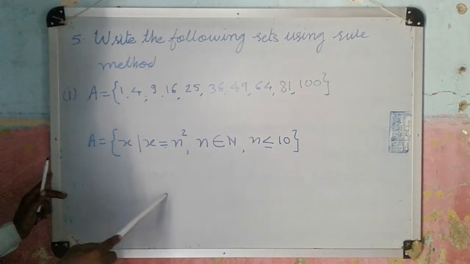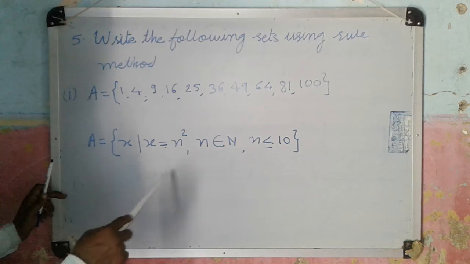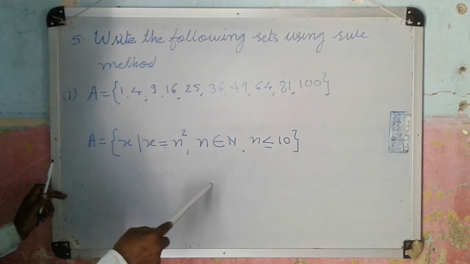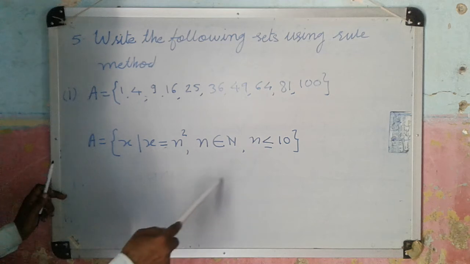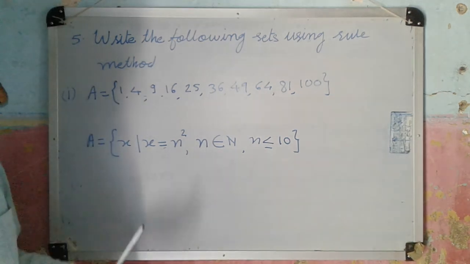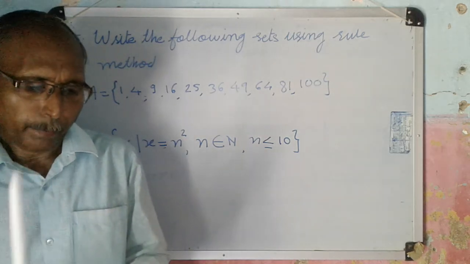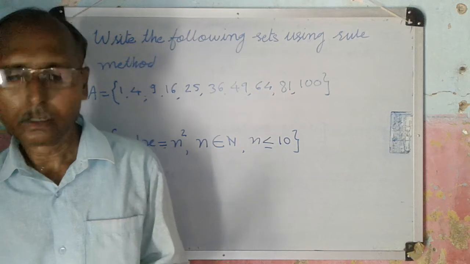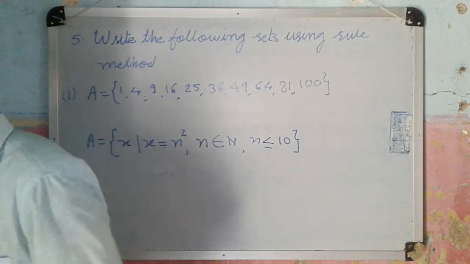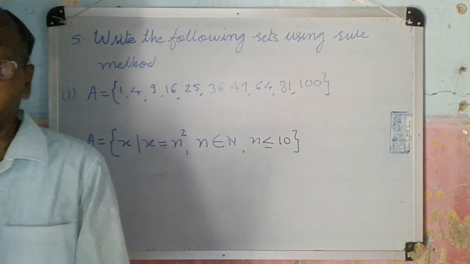Or you may write this set in this way also: A is the set of all x such that x is the square of numbers from 1 to 10. So, we have solved some examples from practice set 1.1. Now, in the next period, we will study the types of sets.